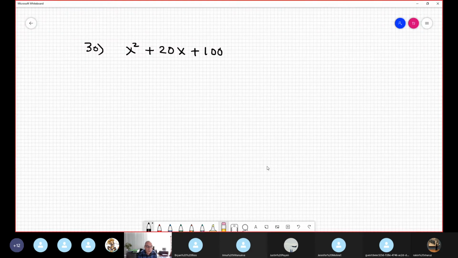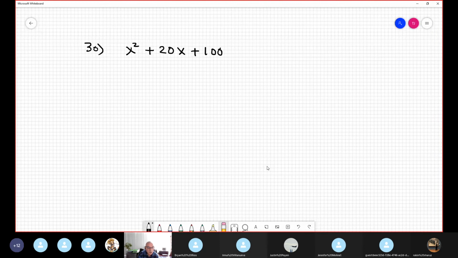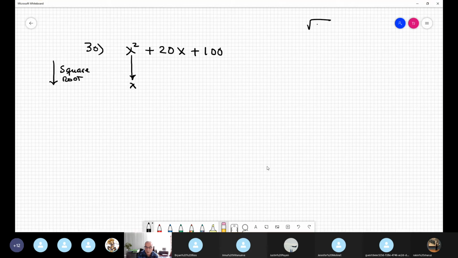Okay, let me explain the rule. The rule is super easy. Look, the rule is super easy. The shortcut to do in 1 second. Take the square root of this guy. This arrow indicates square root. It is x, because I know the square root of x squared is x.